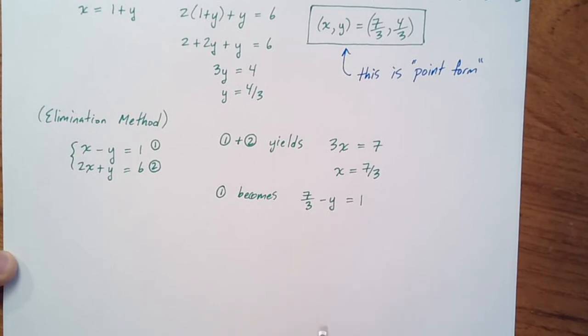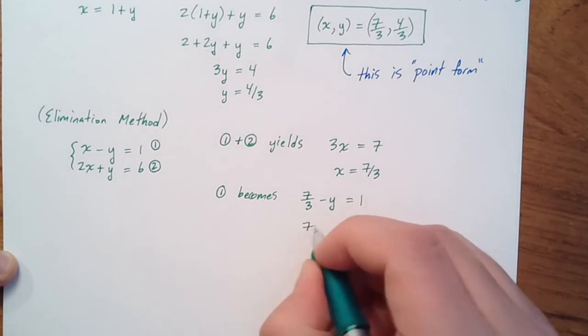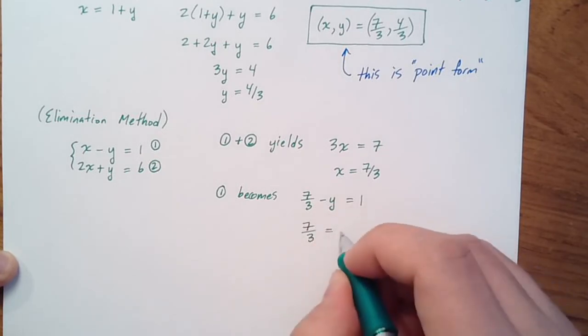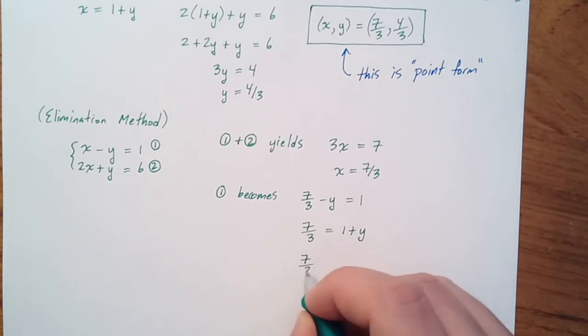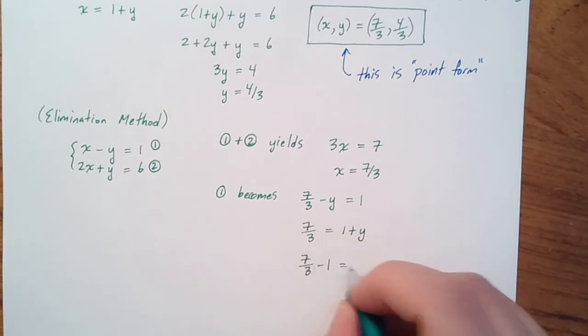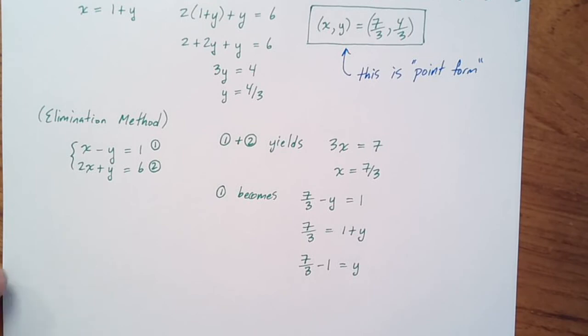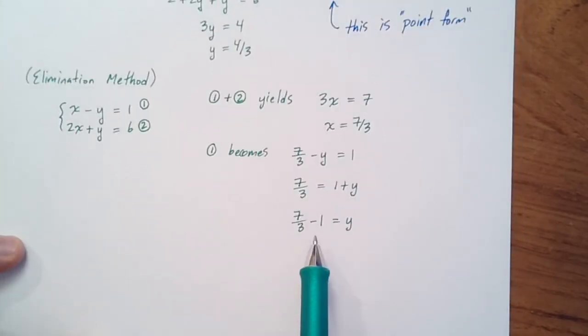I can add y to both sides of the equation, and I'd get 7/3 is equal to 1 plus y, and then I could subtract 1 from both sides of the equation to get the y all by itself, and I'd have 7/3 minus 1 is equal to y.